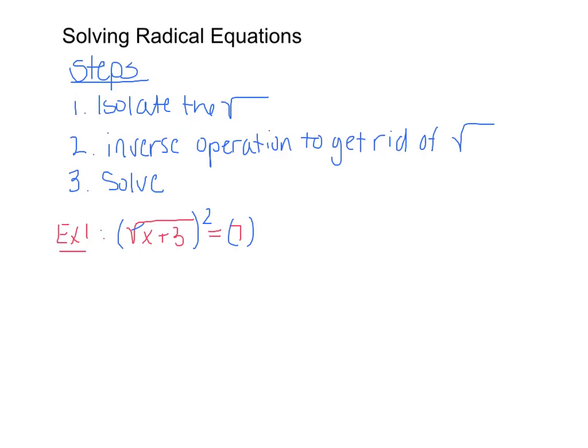Okay? That cancels, so you'll have x plus 3 equals 7 squared, which is 49. Now you solve it by getting x by itself, so you subtract 3, so x is equal to 46.